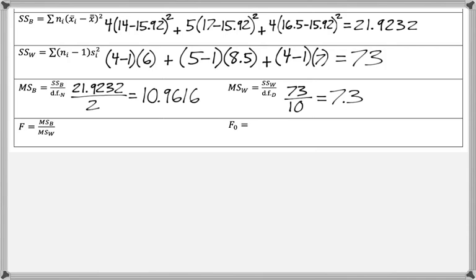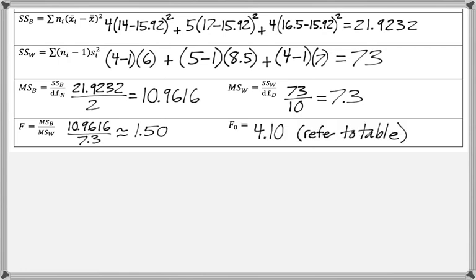So 73 divided by 10, which is 7.3. Finally, for our test statistic, we have to take MSB and divide it by MSW. So 10.9616 divided by 7.3, which is 1.50. And the critical value, if we refer to the table, is 4.10.